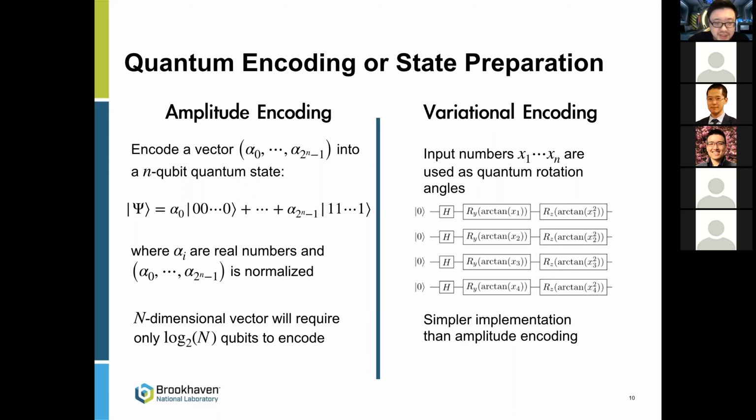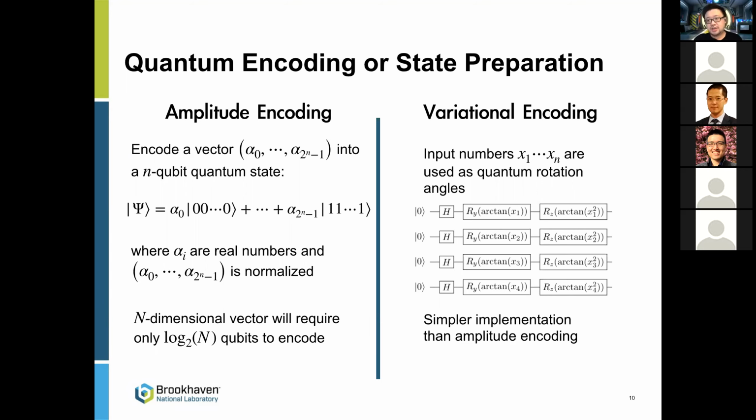For example, here we have the rotation y and the rotation z. And we put in x1 to x4. Okay, we made some transformation on x1 to x4 and use these transformed values as the quantum rotation parameters for this gate.